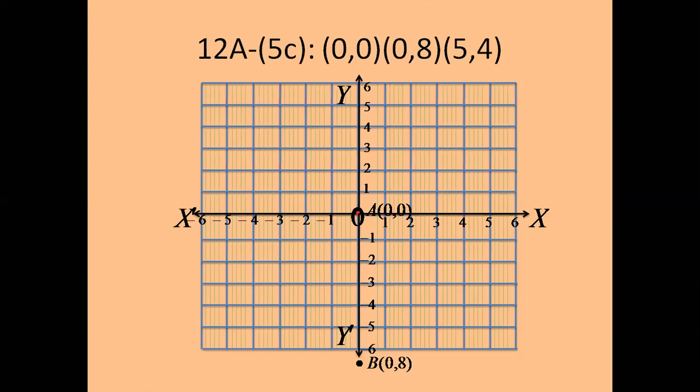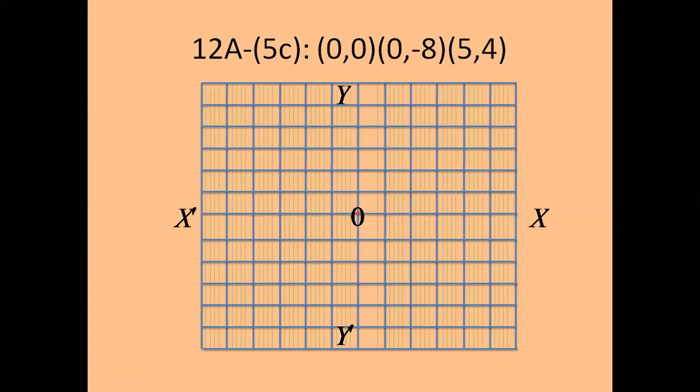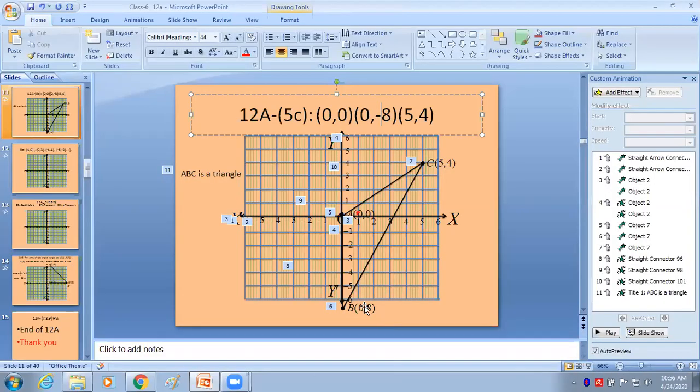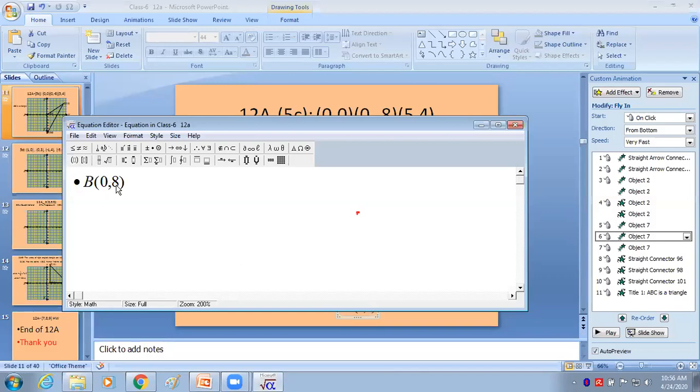If it is said 0 and 8, actually it will be the minus value. So no problem. If it is a minus value here, we can also give minus here.